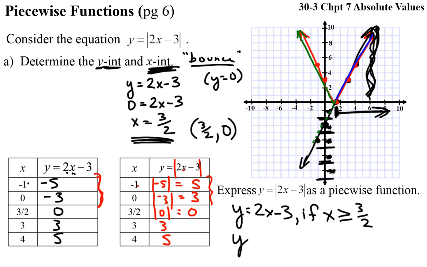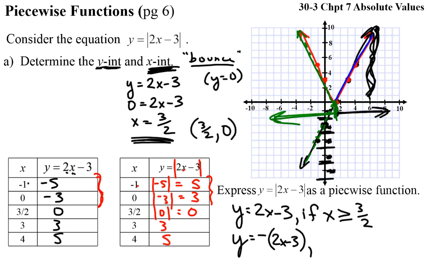But we have the second piecewise part, the negative or absolute part of that graph. When does that happen? Well, that happened at the bounce point and smaller. So from 3 halves and down, that's where our negative graph reflected to become the positive.